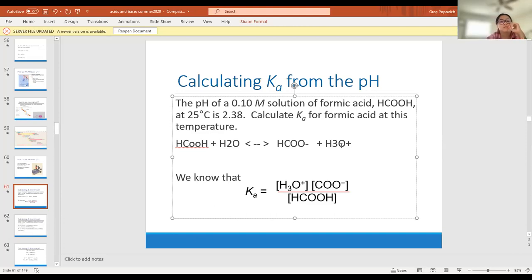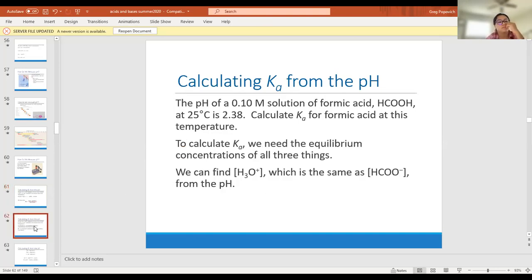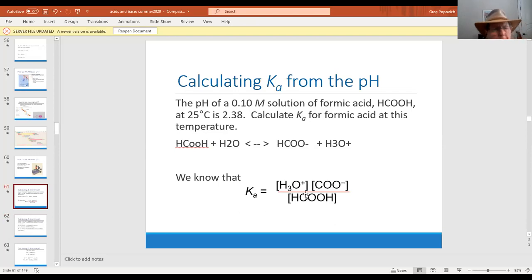So if I know the concentration of my H3O plus and it all came from HCOOH, do I not also know my formate concentration? Yes. Okay, so we also know our equilibrium expression. We're going to take our concentration of H3O, our concentration of formate, and divide it by the concentration of my formic acid.